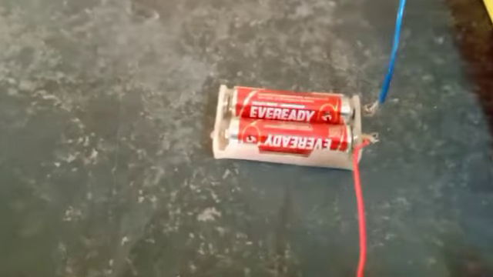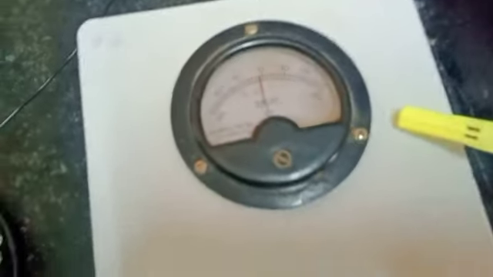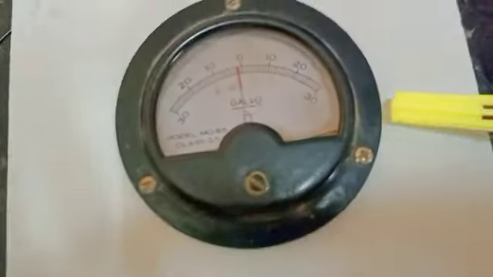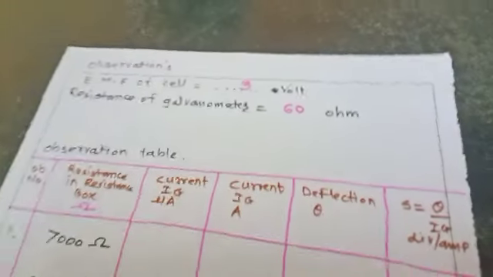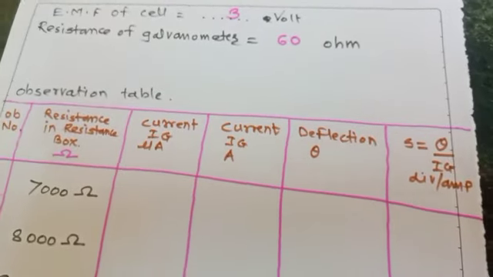The EMF of the given cell is 3 volt, and the resistance of the galvanometer is 60 ohm. Then we can perform the experiment.